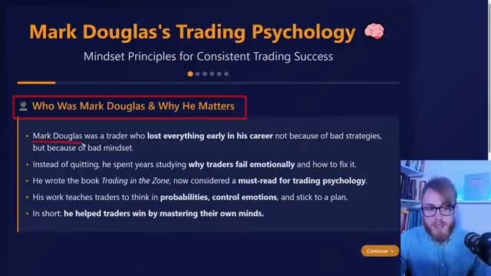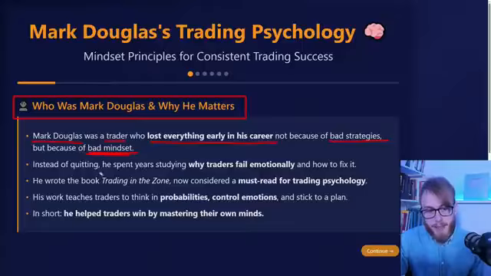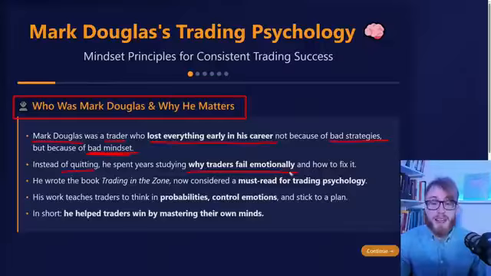Well, Mark Douglas was a trader who lost basically everything relatively early in his career. And this was not necessarily due to bad trading strategies, but more because of his mindset. So instead of quitting trading, he spent years studying why traders fail, and specifically why traders fail emotionally, and also how to fix it.